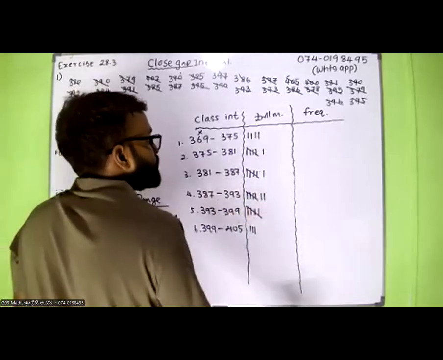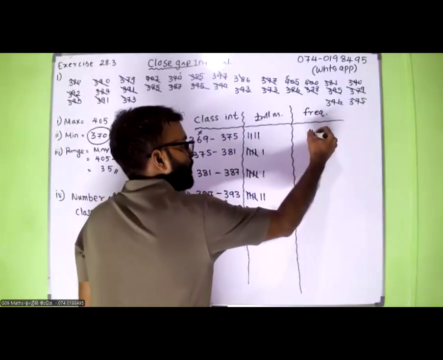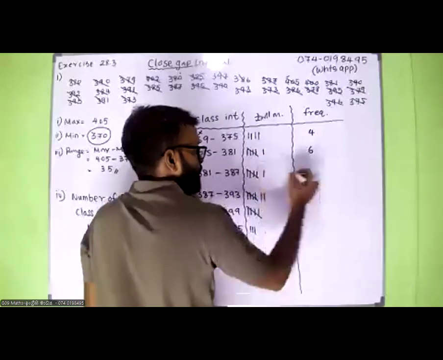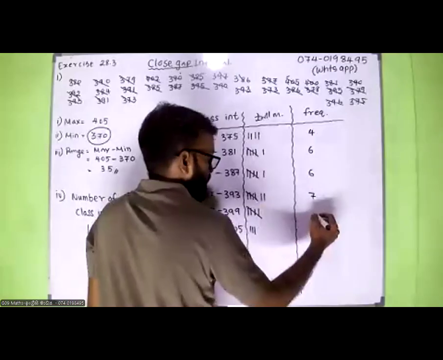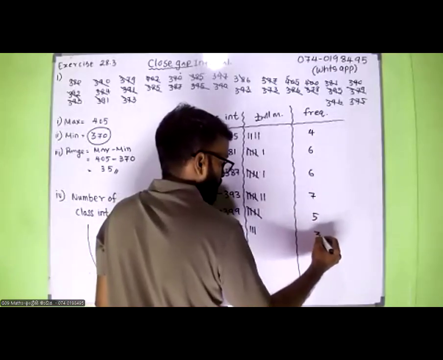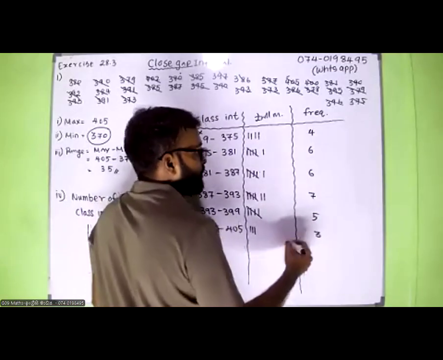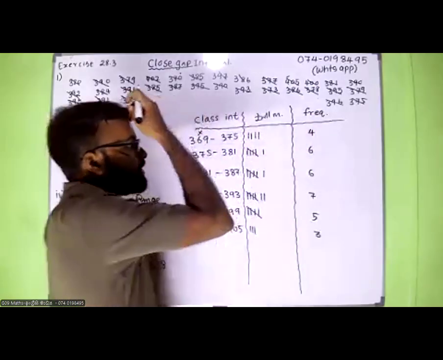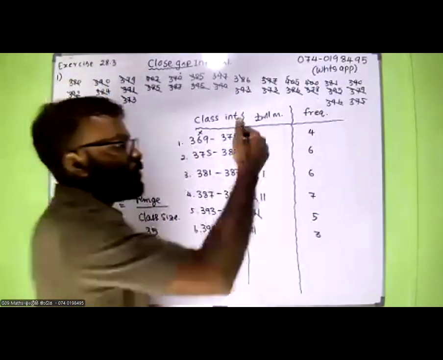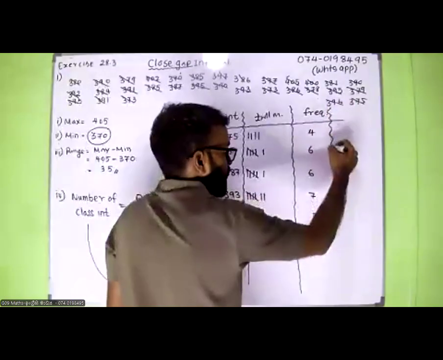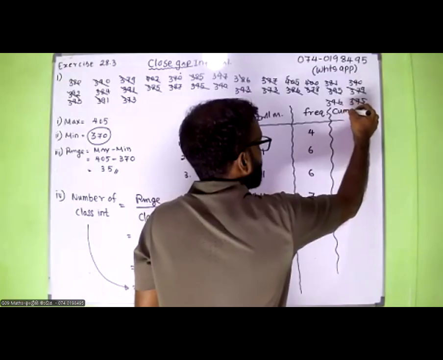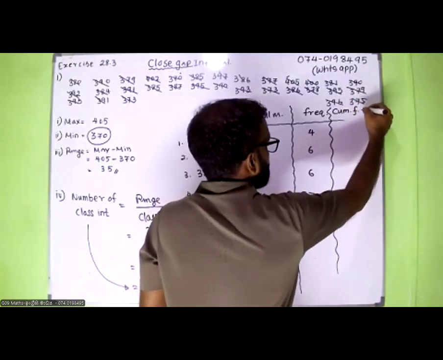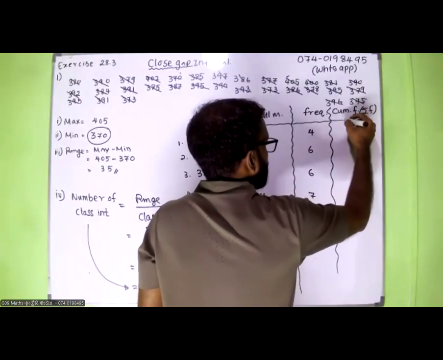This one. So the frequency should be 4, 6, 6, 7, 5, 3. Right? So these are the frequencies. Then I am going to calculate my cumulative frequency, which is sigma f.